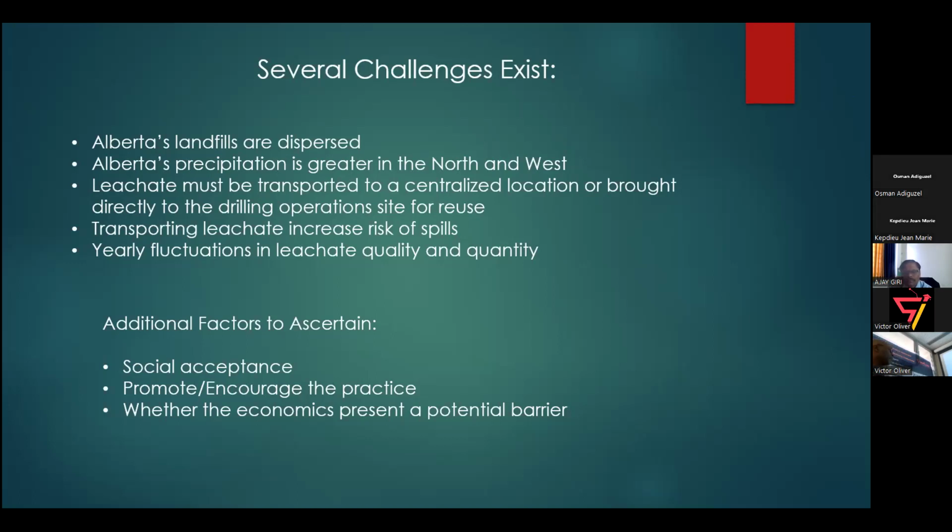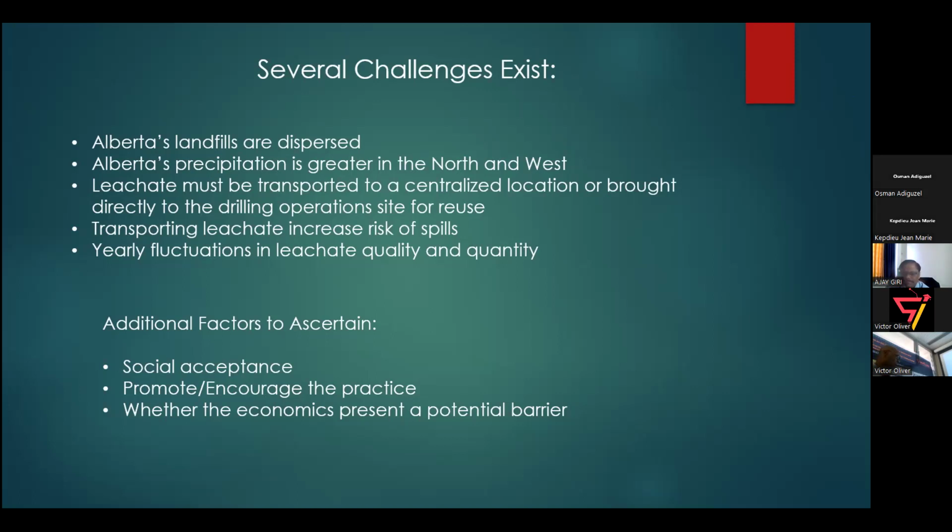But I think there is an appetite for that, because people are promoting sustainability, and what better way for oil and gas to demonstrate they're being sustainable, instead of using fresh water, they're using wastewater. So that's one way to somewhat boost the image.